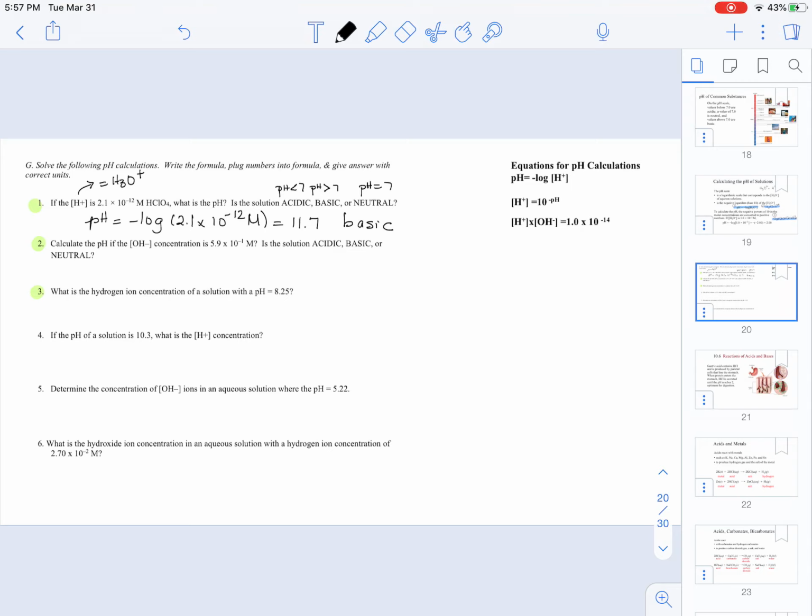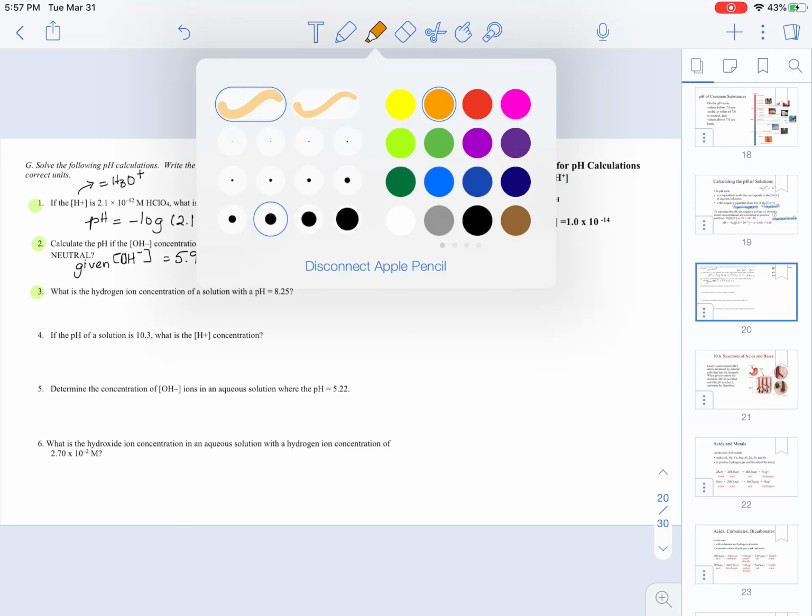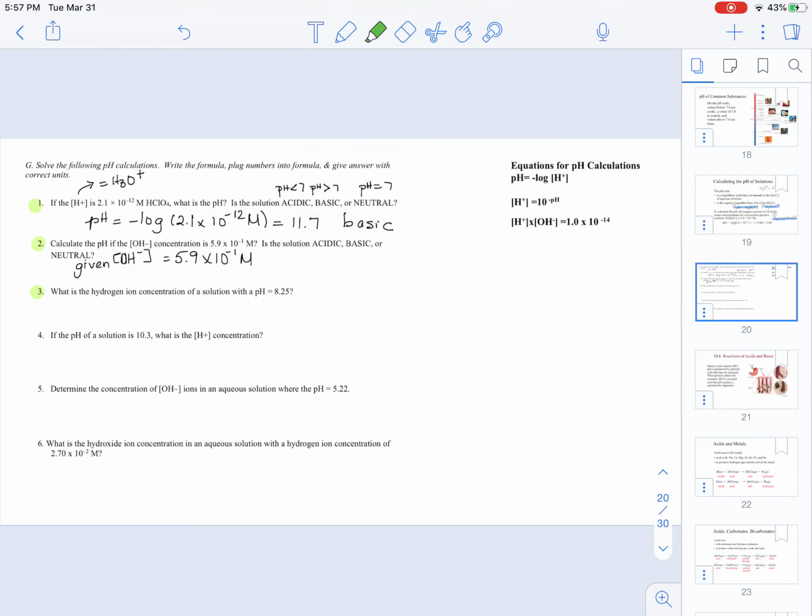When the concentration of OH- is what is given, then we need to use two equations. Because we have the OH concentration given and we need to calculate pH, you're going to first use the last equation followed by the first equation.